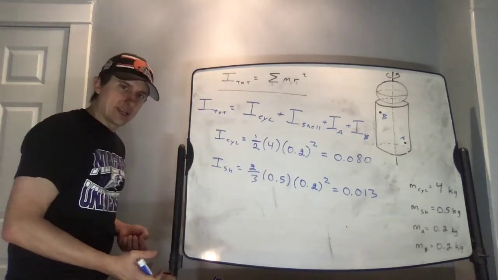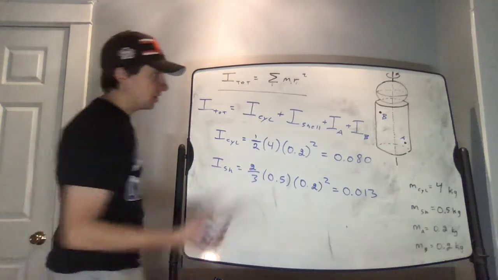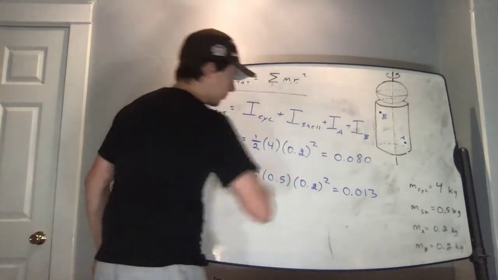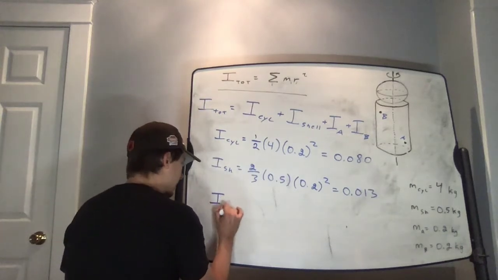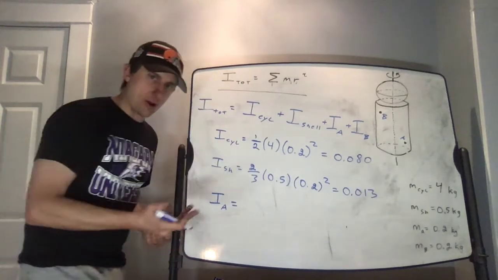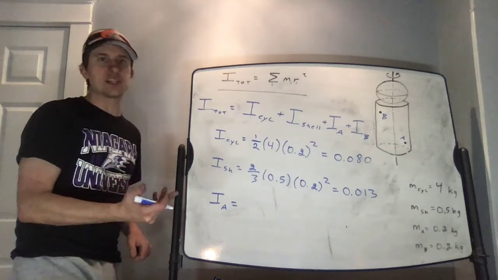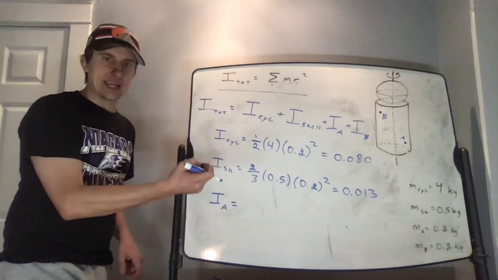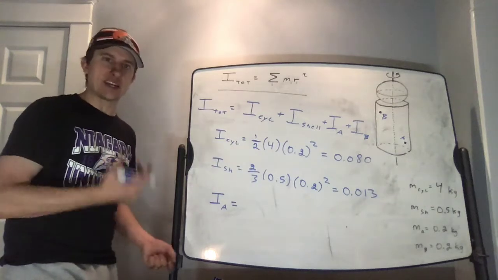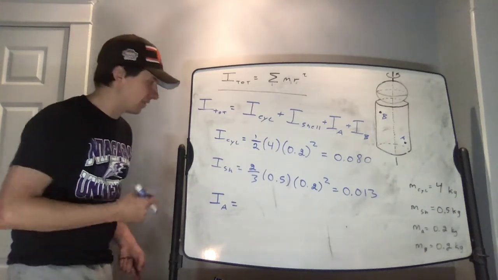Now I accounted for the cylinder and the shell. I still need to account for the moment of inertia of point particle A and point particle B. So the moment of inertia for point particle A is just going to be mr squared because it is treated as a point particle. I'm essentially treating particle A as a single atom, and in many cases that could be a good enough approximation.